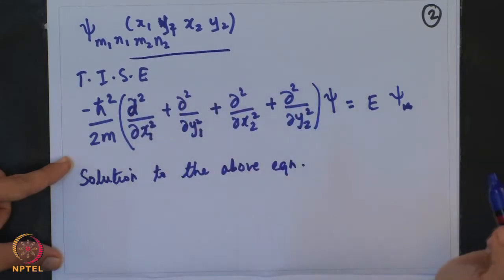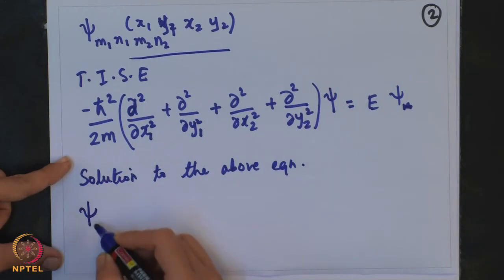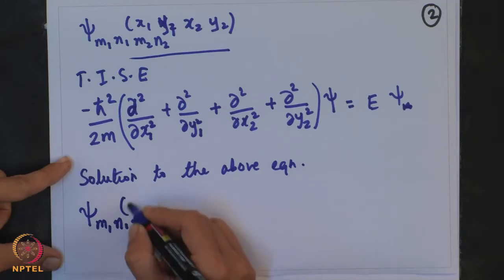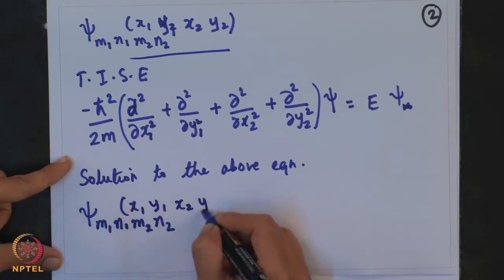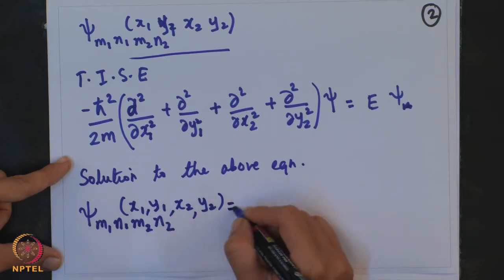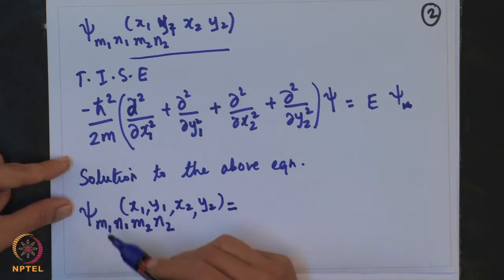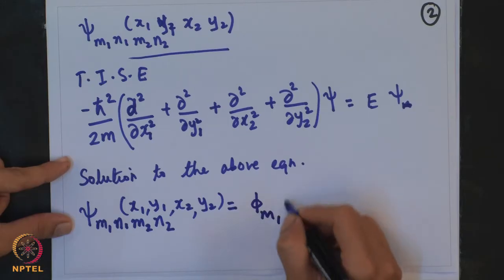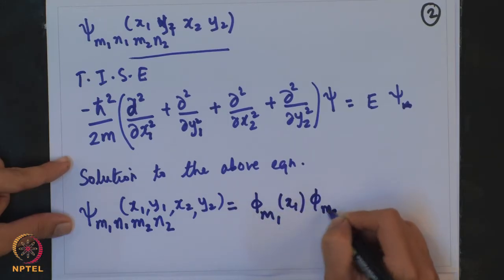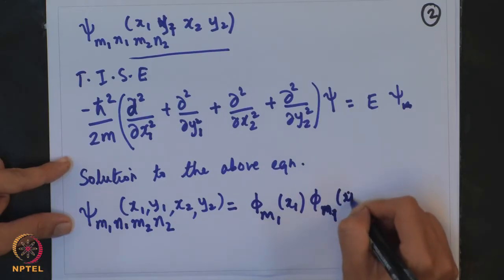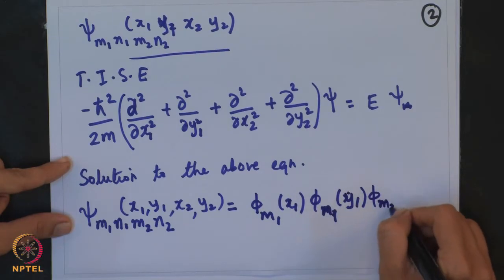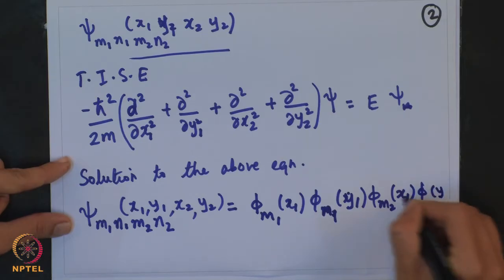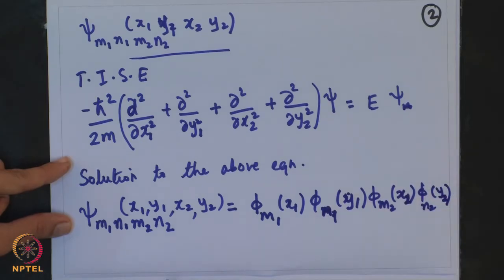This is the wave function we had already written, but it can be rewritten as a product of the wave functions of the individual particles: phi m1 of x1, phi n1 of y1, phi m2 of x2, phi n2 of y2.